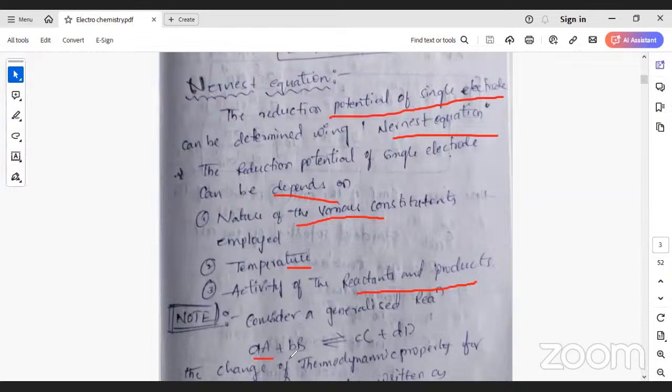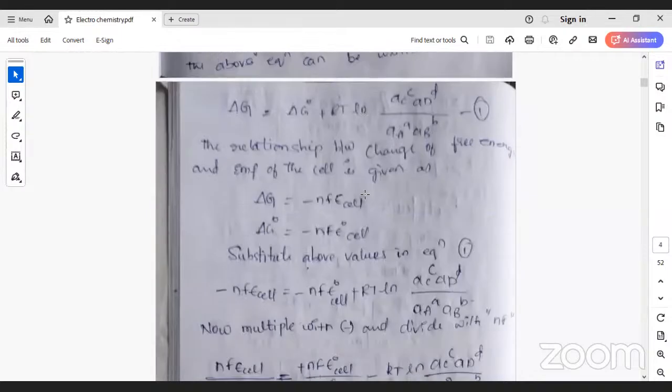Then consider a general equation, A plus B gives rise to C plus D. One of the thermodynamic parameters is the Gibbs free energy. The change of Gibbs free energy, delta G, equals delta G naught plus RT ln activity of the products by activity of reactants.